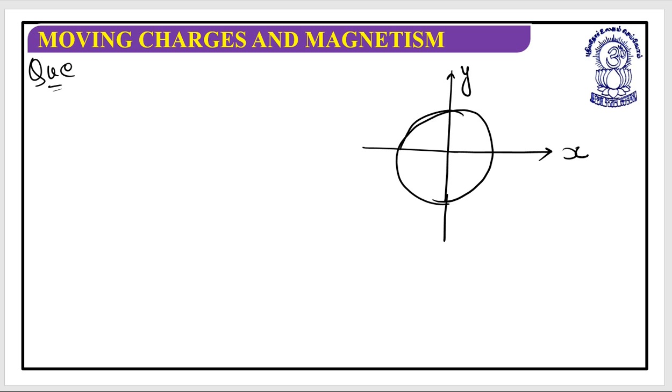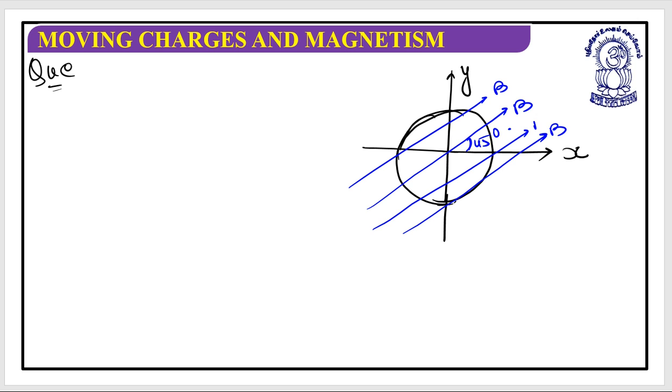A circular loop has been placed over here, and the magnetic field is something like this in this region. This angle is 45 degrees. These are uniform magnetic fields. I hope you understand this.